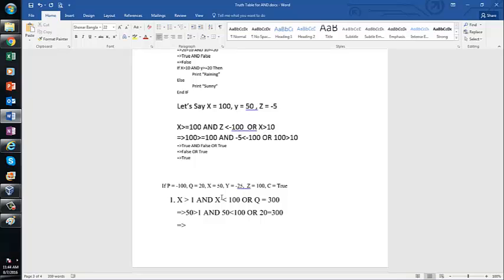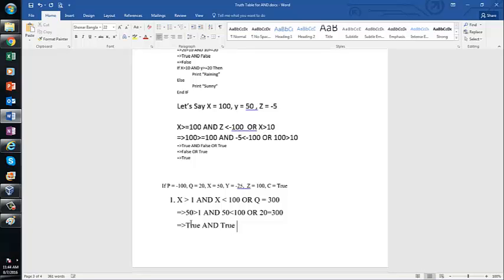Now, we will have to solve the AND operator first according to operator precedence. The left hand side of AND is 50 greater than 1. What is that? It is true. And 50 less than 100, it is true.